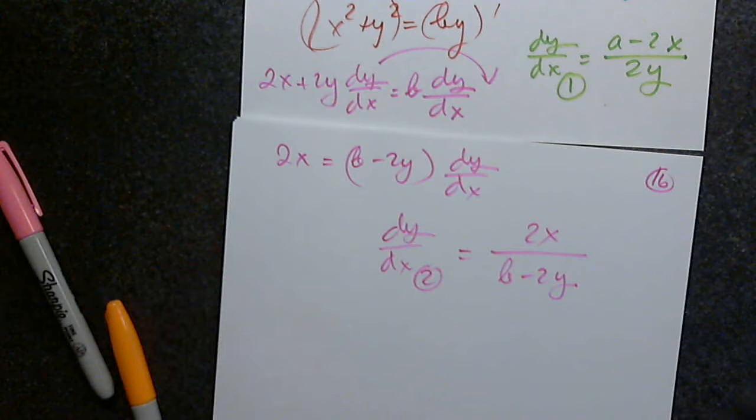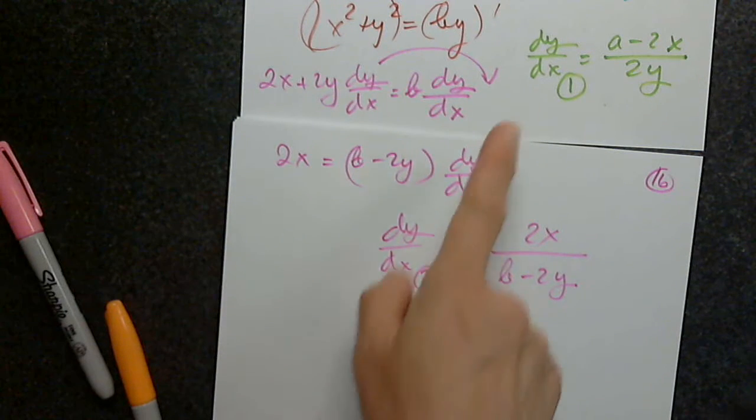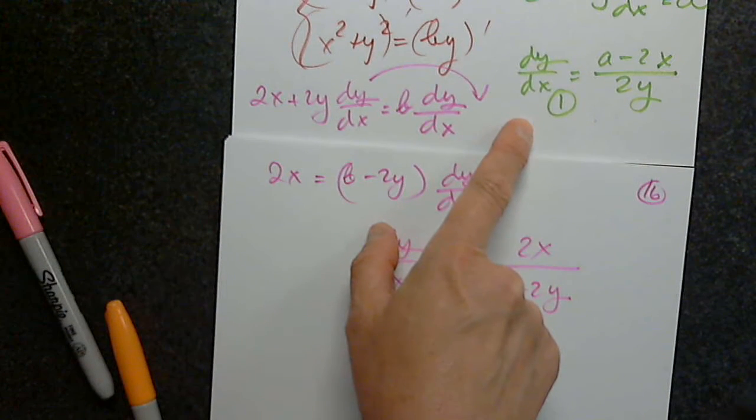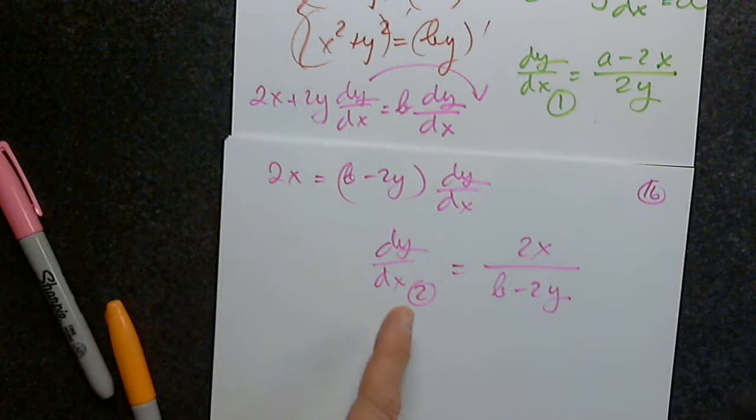Okay. So I have the two points. I have the two derivatives. What now? Yes, I determine the slope. This is the slope of the tangent line to curve 1. This is the slope of the tangent line to curve 2. For each point, but separately, right?